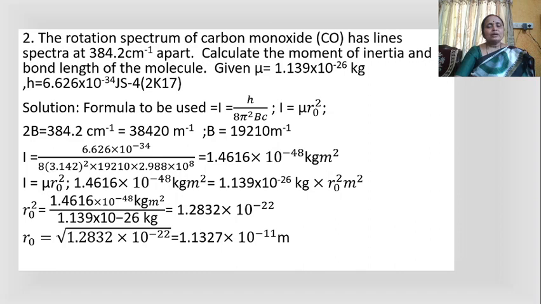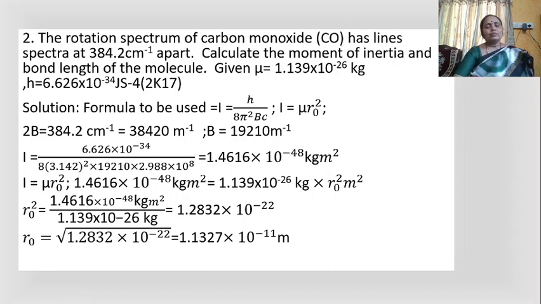The formula which we are going to use here is that moment of inertia is related to the rotational constant as I is equal to h by 8 pi square B c. I is moment of inertia, B is the rotational constant, and c is the velocity of light. I know moment of inertia is related to reduced mass and the internuclear distance or bond length as mu r naught square.